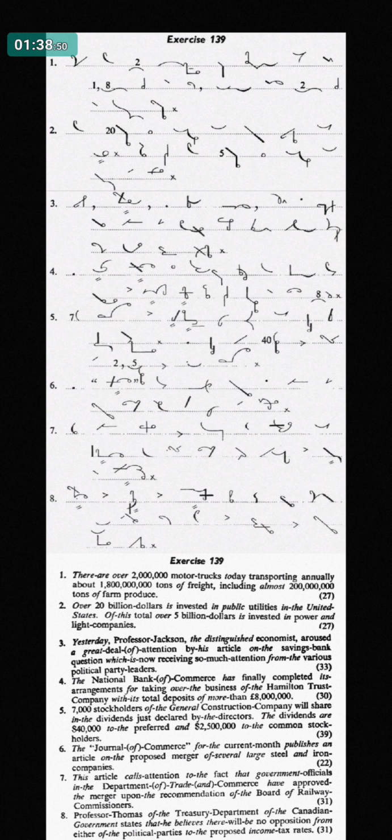The Journal of Commerce for the current month publishes an article on the proposed merger of several large steel and iron companies. This article calls attention to the fact that government officials in the Department of Trade and Commerce have approved the merger upon the recommendation of the Board of Railway Commissioners.